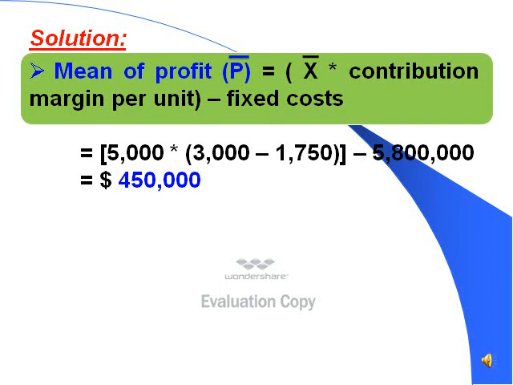Step number 1. Calculate the mean of profit B bar. B bar equal X bar times contribution margin per unit minus fixed cost. X bar here is the mean of sales volume equal 5,000 times contribution margin per unit equal selling price per unit 3,000 minus variable cost per unit 1,750 minus fixed cost 5,800,000 equal 450,000.